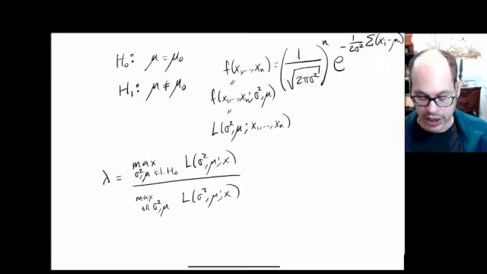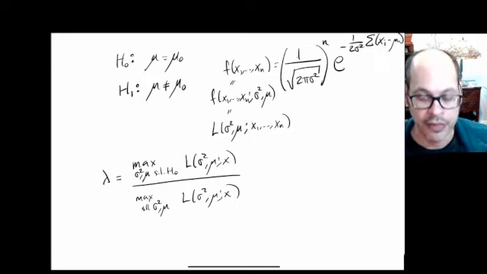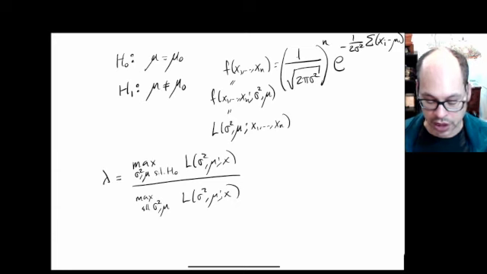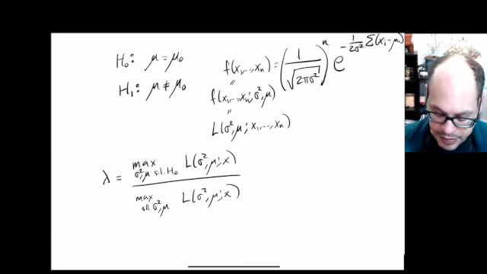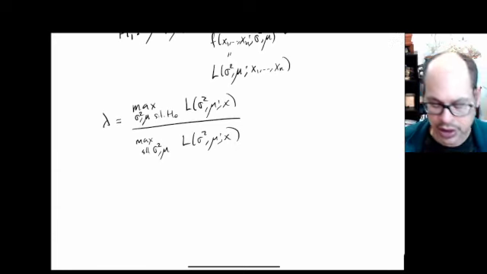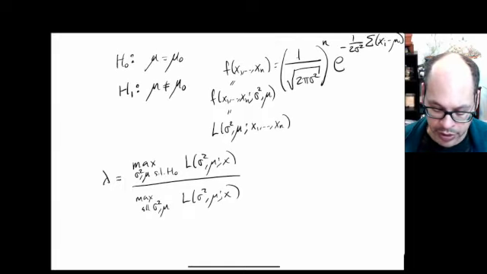Strictly speaking, it's the sigma squared and mu that are eligible for consideration under either hypothesis. So let's see how we would maximize that.